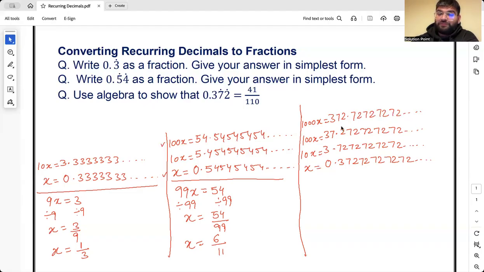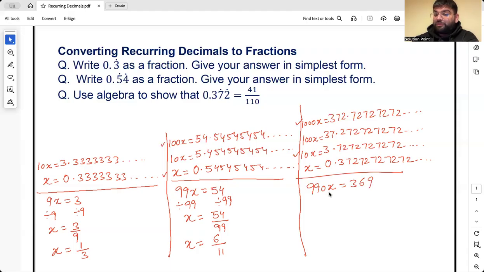Now if you observe this equation and this equation, the digits after the decimals are the same. So leaving the middle equation aside, if I subtract these two, 1000x take away 10x gives me 990x, equals 372 take away 3, which is 369.